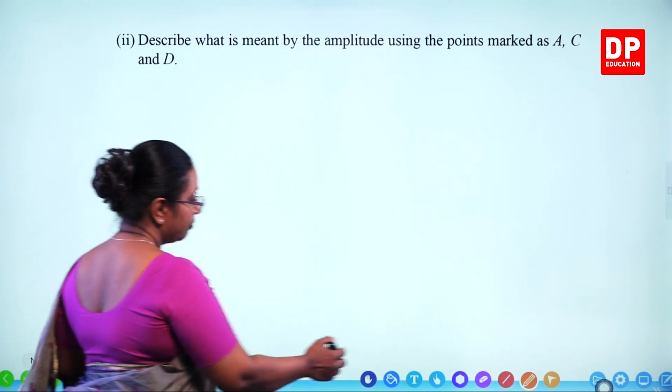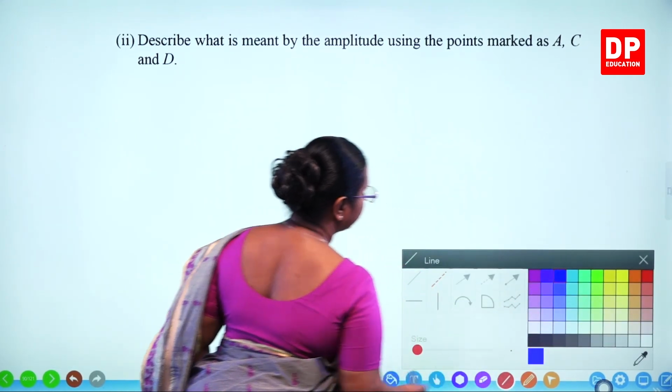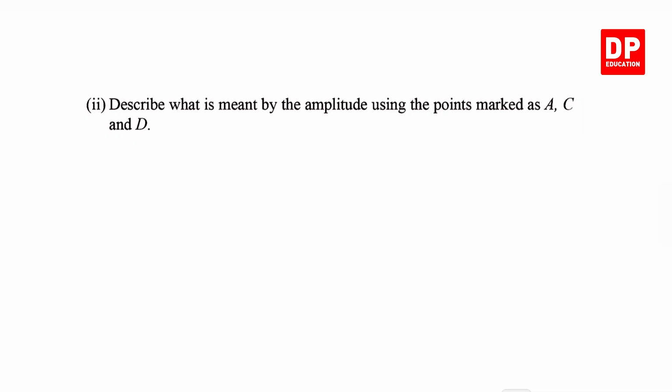So there, if we consider the points marked as A, C and D, you can remember A was here, then when the blade came to point C and the blade comes to point D, and the two displacements have to be equal.